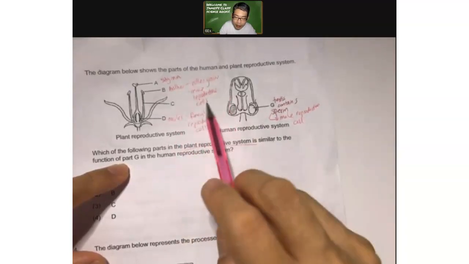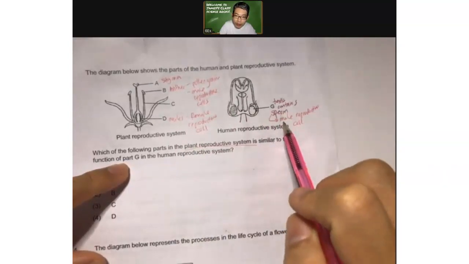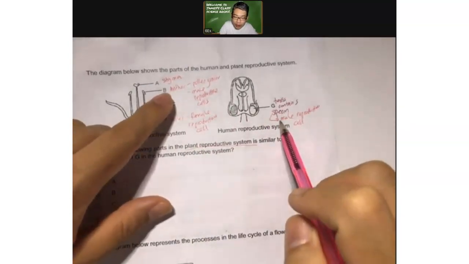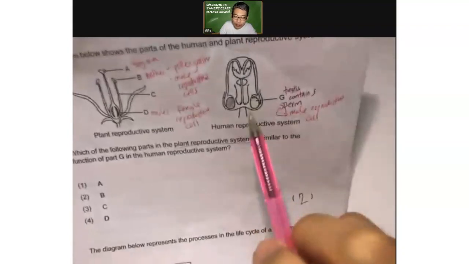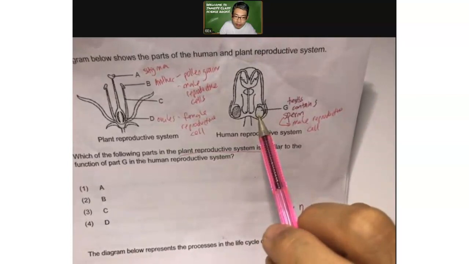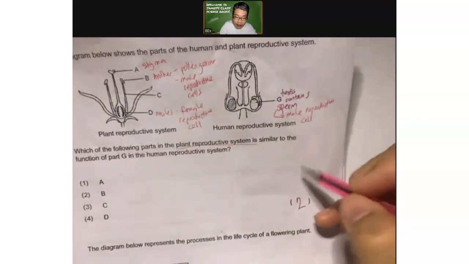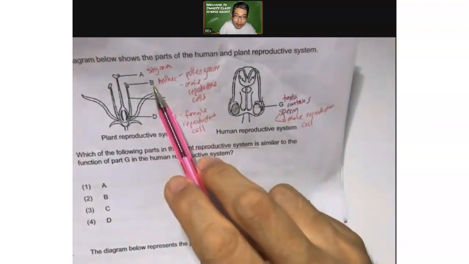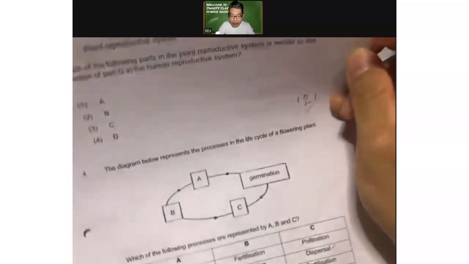Anther contains the male reproductive cell. G is a testis that contains the male reproductive cell. So you can see, right? The anther in the plant has a similar function to the testes in the human. So G is similar to B. So answer is 2. Next one.